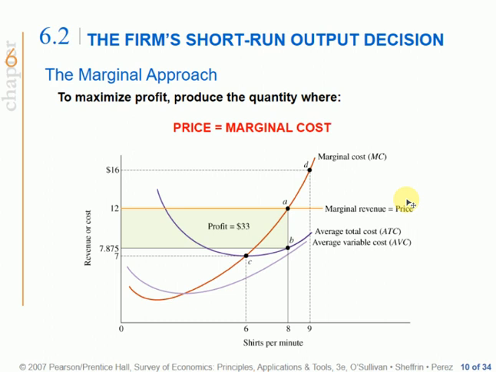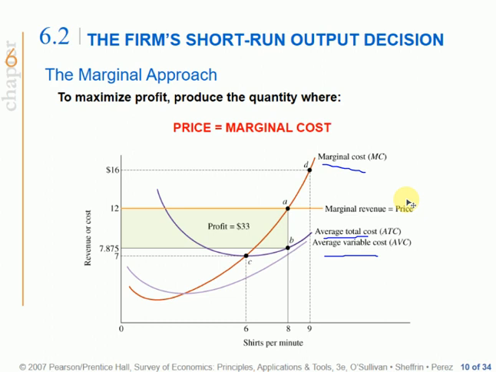Graphically, we can apply this rule by doing the following. So here we have the 3 famous curves: the marginal cost curve, the average total cost curve, and the average variable cost curve.